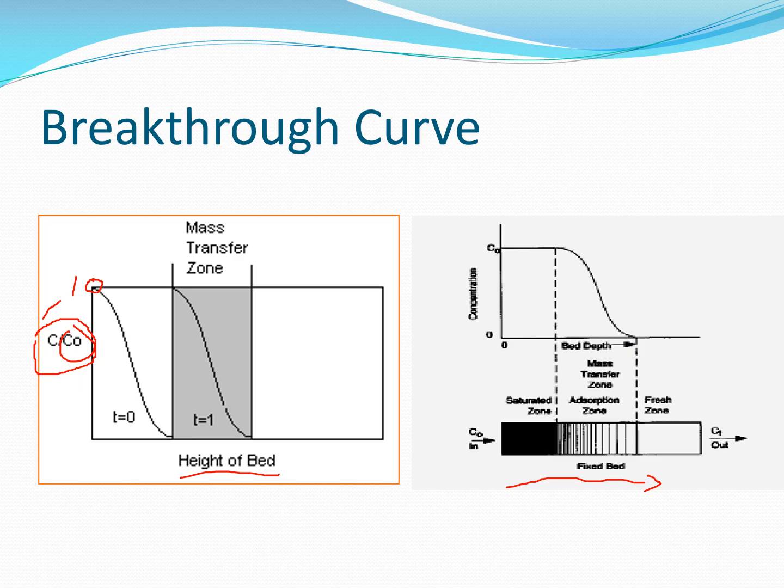This is basically 1. So C will be decreasing, of course, and after a certain time these curves will be formed. C will be decreasing, and this curve could be like this one, also this trend. So mostly it follows this trend.